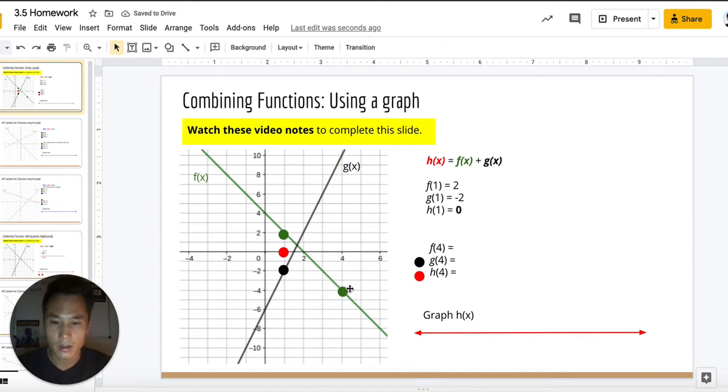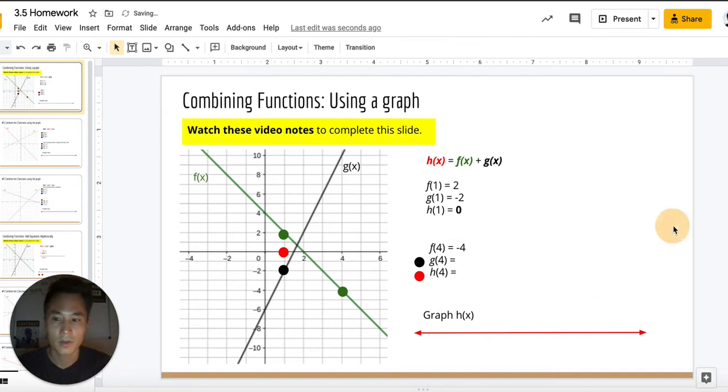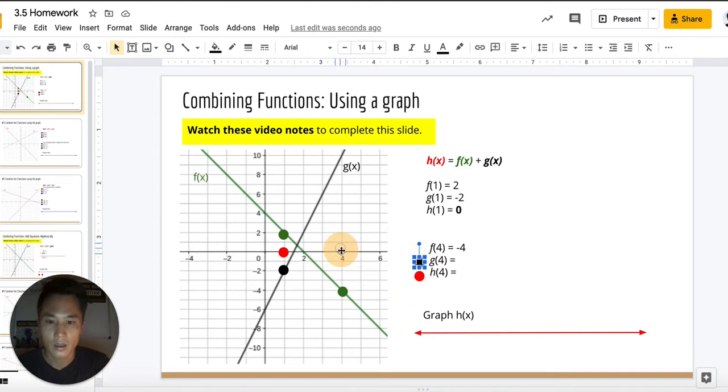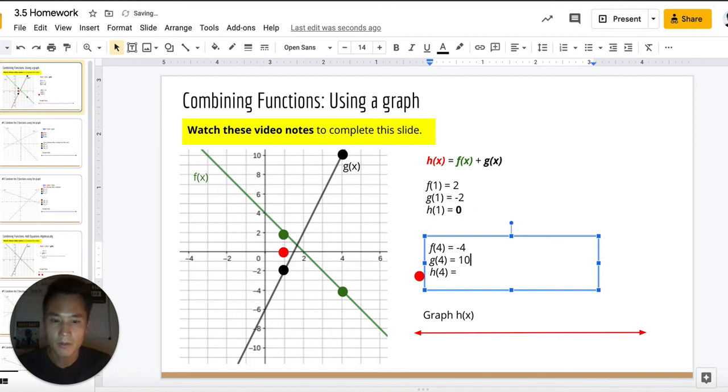So that's a y value, or an output, of negative 4 at that point. G of x, when x is 4, it's going to be up here. And that y value is 10. So it has an output of 10.